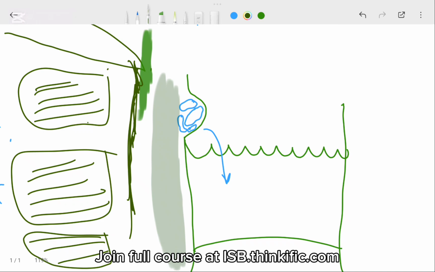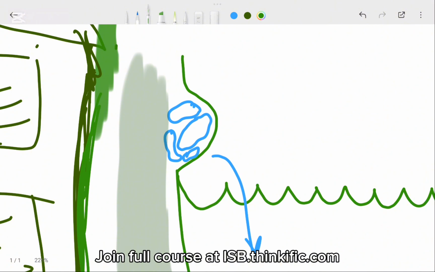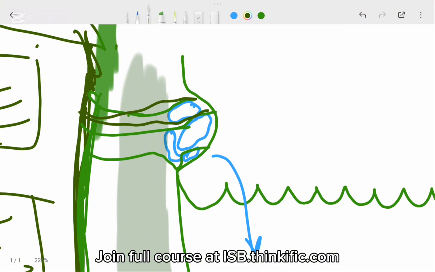Some fibers from the conjoint longitudinal muscle penetrate the internal sphincter and move inside the anal cushion. It acts like cement. It acts like a supporting structure, something that holds this anal cushion in place.